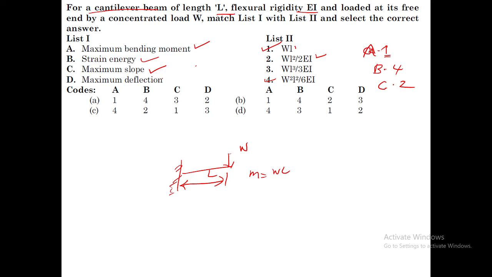D, the maximum deflection of the cantilever, is W L cubed by 3 EI, so D is 3. So A is 1, B is 4, C is 2, D is 3. The answer is B.